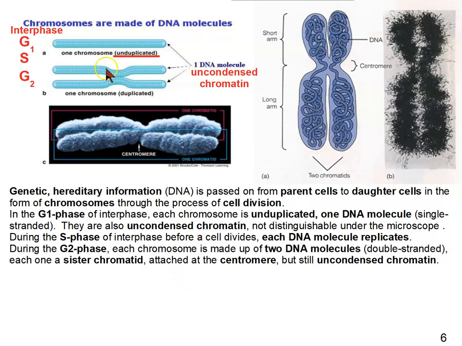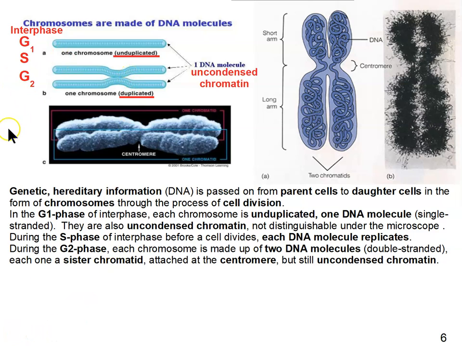But at this point, it's still uncondensed chromatin. In G2, it's still uncondensed chromatin, but it is now duplicated. All right, so we go from unduplicated single-stranded DNA molecules to duplicated double-stranded DNA molecules. Now there's a copy of all the DNA in the cell, and that is in preparation for cell division.